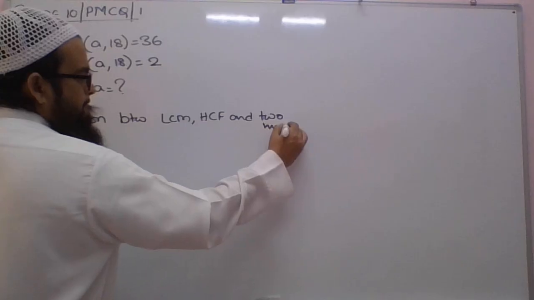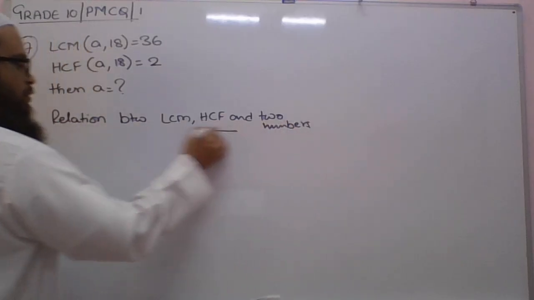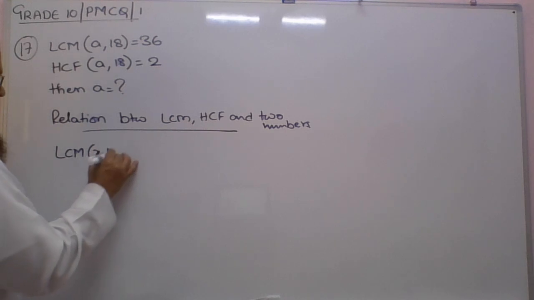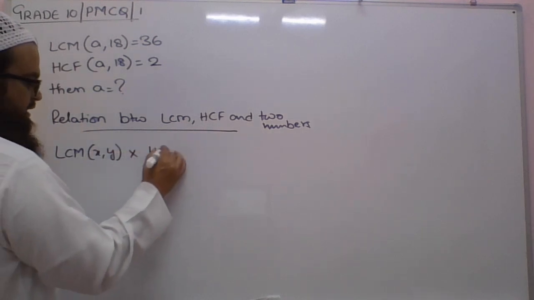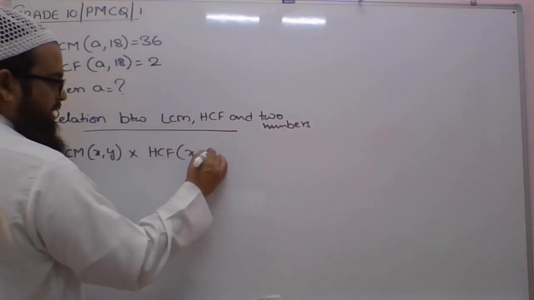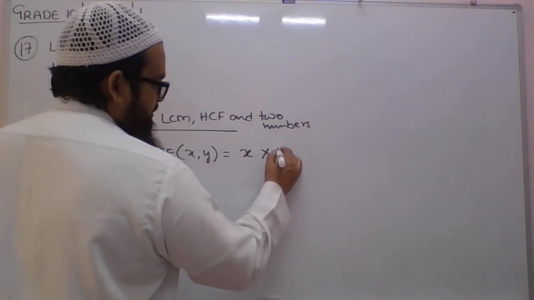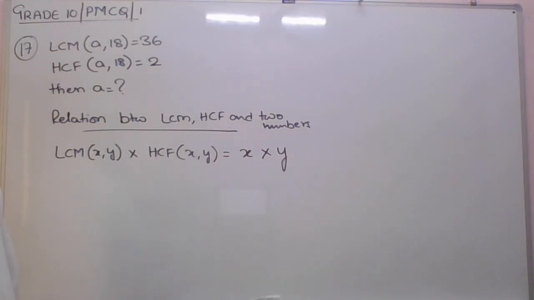Did we study? We have studied. So what is that? LCM of x comma y times HCF of x comma y equals the product of these two numbers. So this is what we have studied.